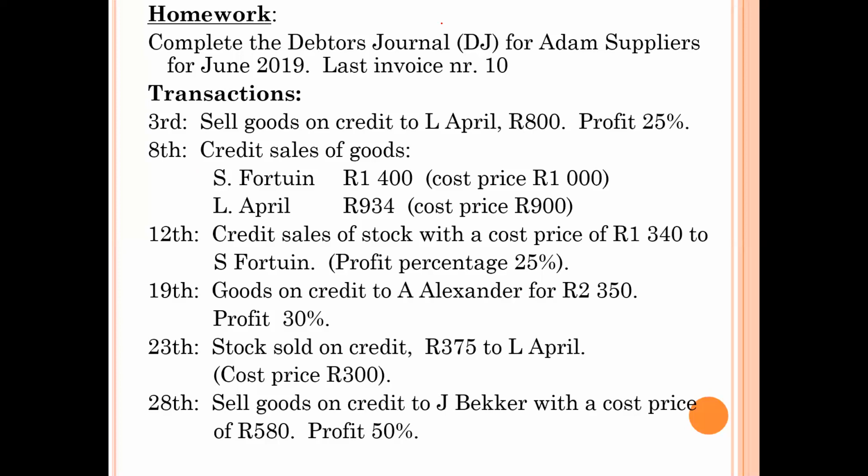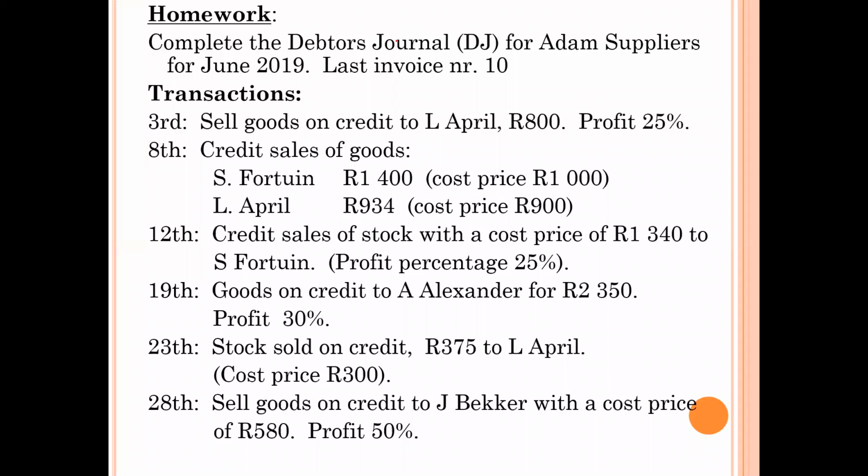What I'm just quickly going to do is, in the chat group, type in the headings of the columns, because I don't know if you will remember them quickly out of your head. I'm going to give you basically 10 minutes. Okay, so you need to hurry up. I'm going to give you 10 minutes to quickly, roughly draw the columns, put the headings at the top, and then you start to do these transactions to enter them into the debtors journal.